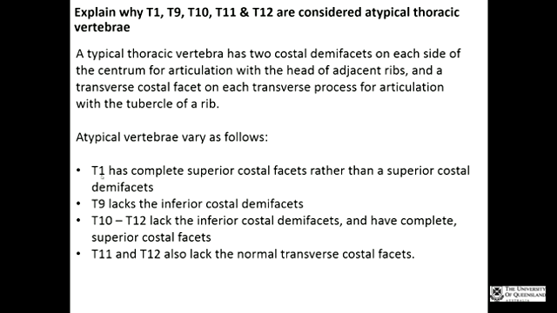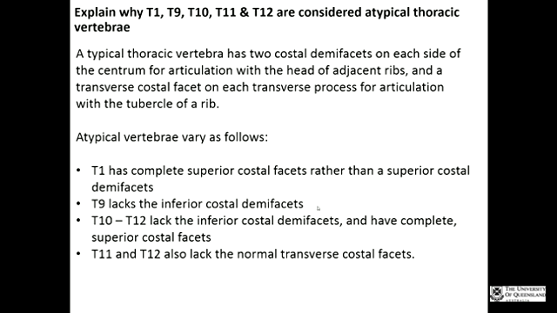And this is self-explanatory. T1 has complete superior costal facets, one on either side, left and right, rather than the superior costal demifacet. That's because rib 1 is just articulating solely with that complete facet. T9 lacks inferior costal demifacets.